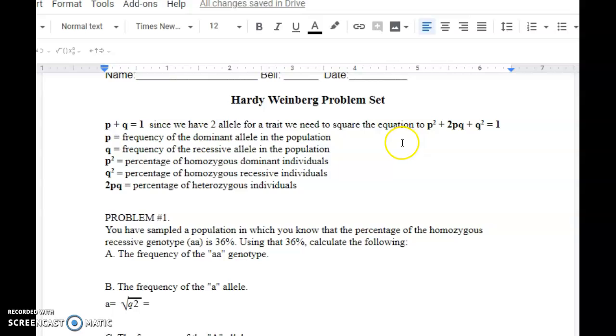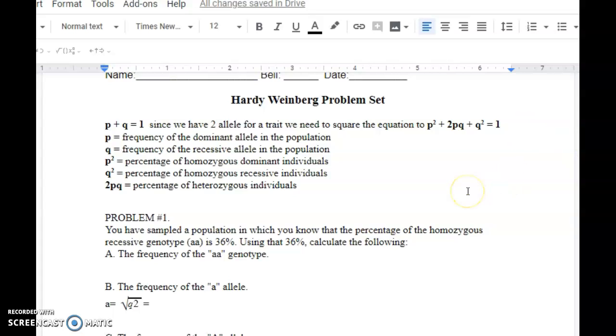Q squared is the opposite, in which it has 2 of the recessive alleles. It's the percentage of people that have that. And then finally, we've got the heterozygous people, 2PQ. So they have 1 dominant, 1 recessive allele. And the 1 just stands for 100% of the population.